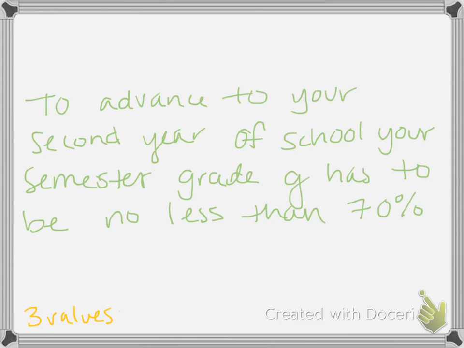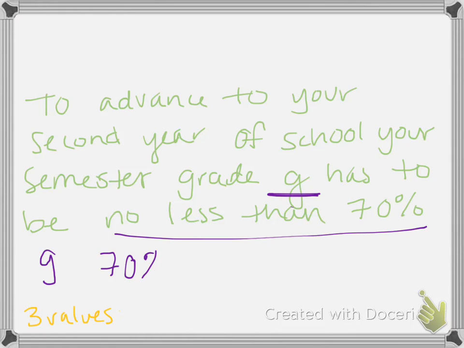To advance to your second year of school, your semester grade, G, has to be no less than 70%. So I know my variable is G, and my G can be no less than 70%. So I have my 70% right here, okay? That means 70%, it cannot be anything less than that.